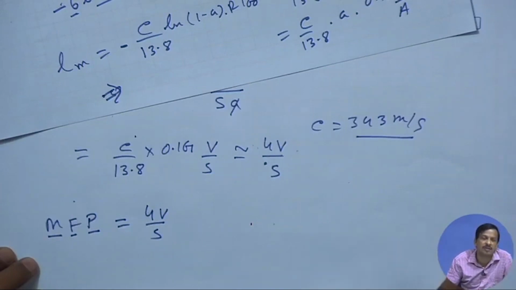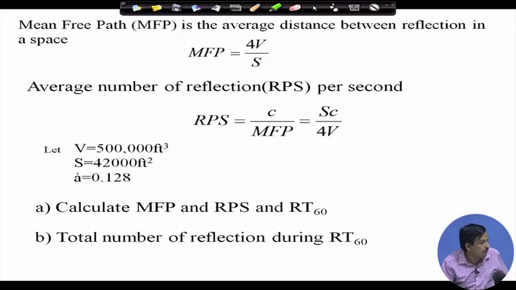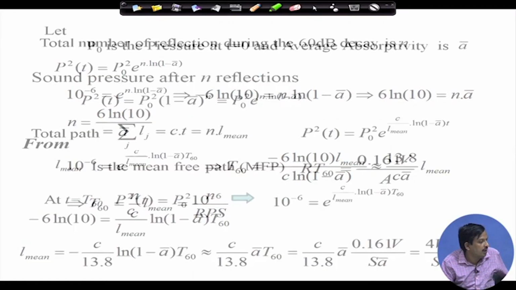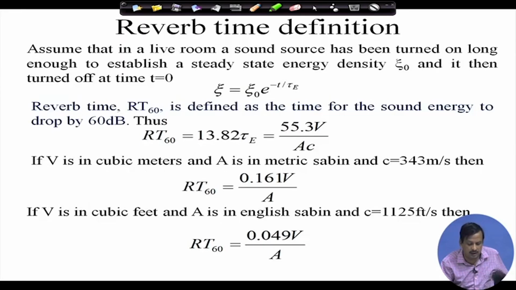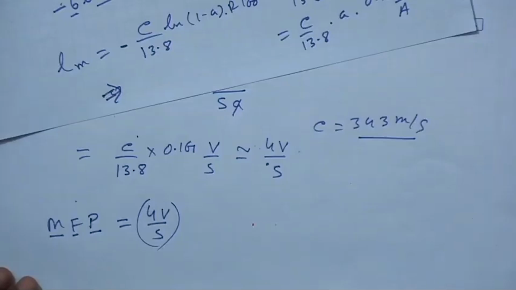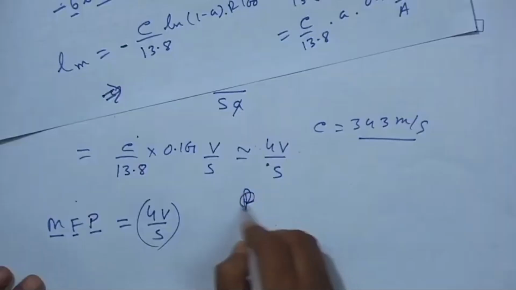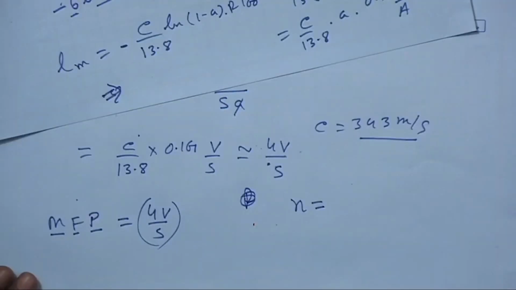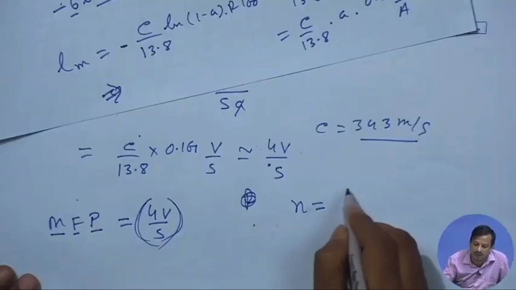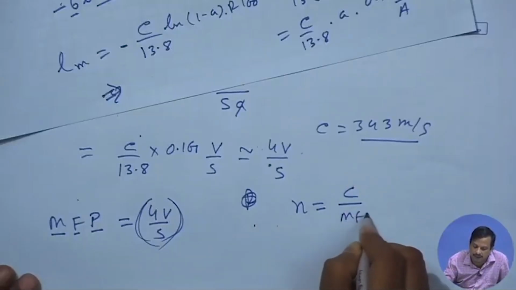Is it clear? Now, if I ask how many reflections will be present during 1 second, the number of reflections per second n, where the mean free path means the average path, is nothing but c by MFP.